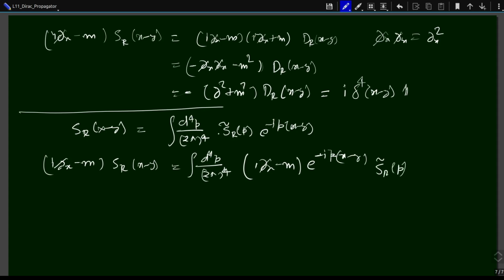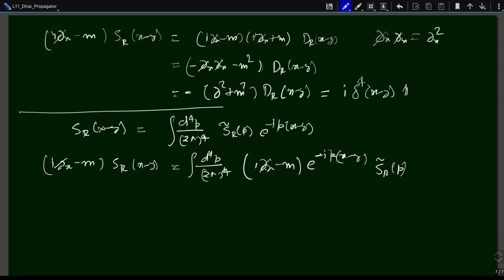The left hand side is a matrix, so this could be a matrix, and I don't want to confuse it with the ∂̸, which is also a matrix, since I don't know the matrix structure of that. So I'll put it like this.